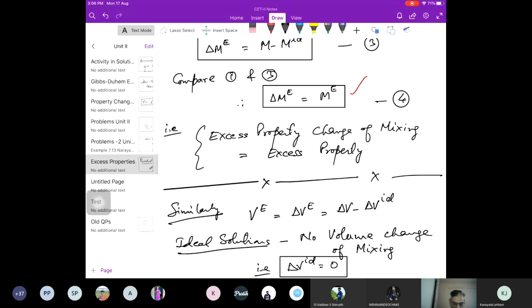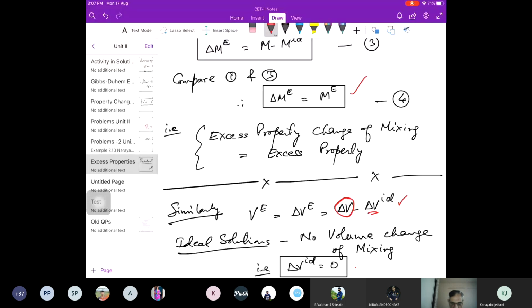So if you use this, delta ME is equal to ME, by that V excess is equal to delta V excess, right? Volume change बोला तो. That is nothing but delta V minus delta V ideal. This is given by definition. Delta V excess is nothing but delta V for real solution minus delta V for ideal solution. And we know that for ideal solutions there is no volume change of mixing.